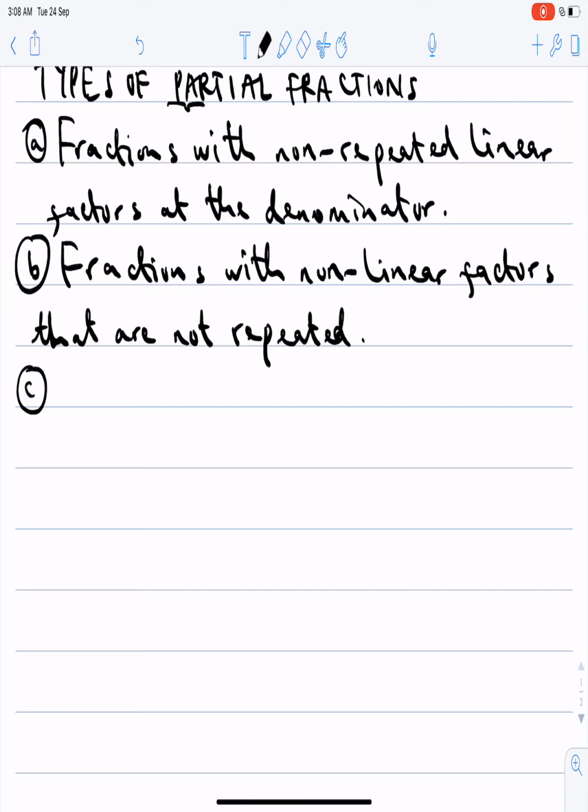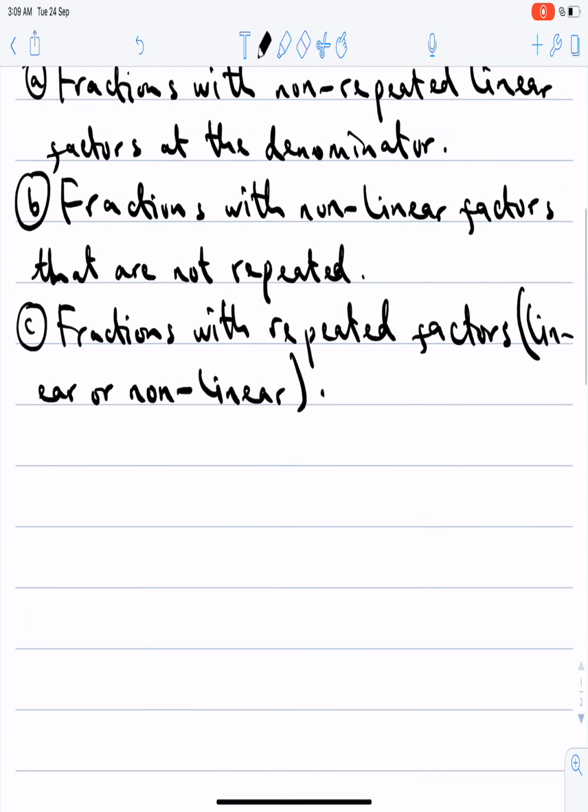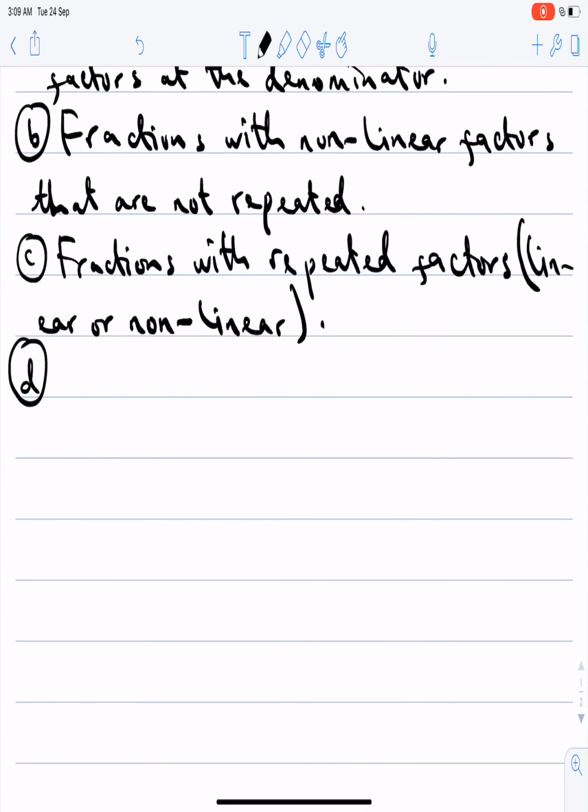C, fractions with repeated factors, whether they are linear or non-linear. What's important is that they are repeated. And finally, improper fractions.